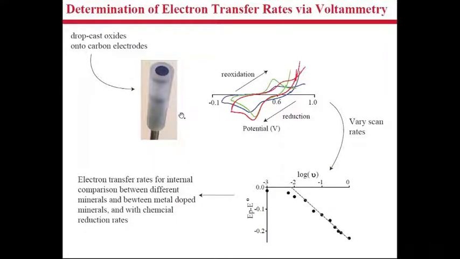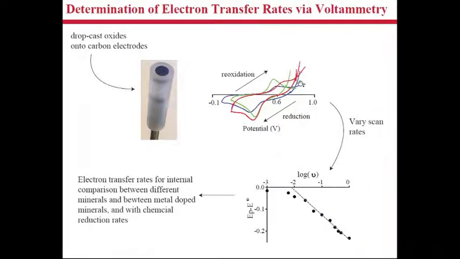So basically what we did is we took this electrode, which is made of carbon, put our oxides on it, dried it, and then you apply a potential and try to reduce the material, and once you think you've reduced the material, you cycle the potential back the other way and try to reoxidize it. And hopefully you get a reversible cycle like this.